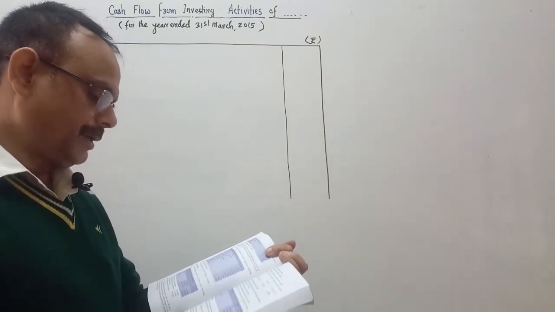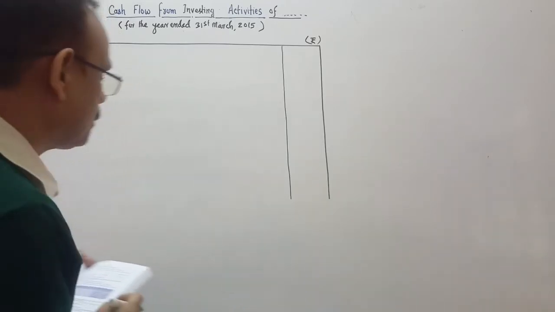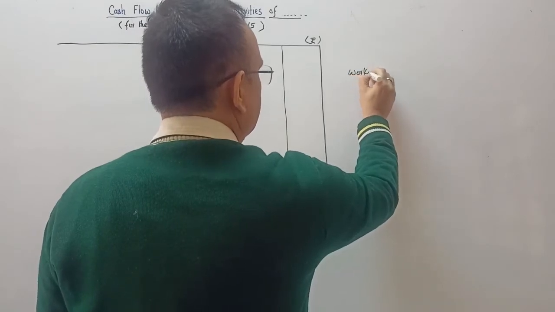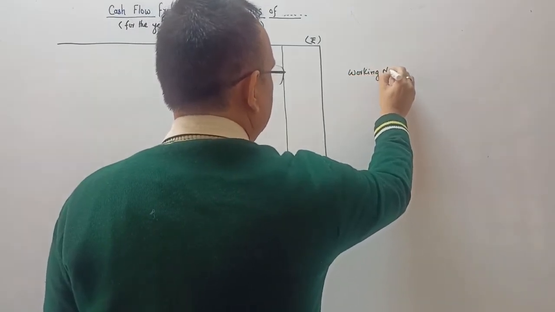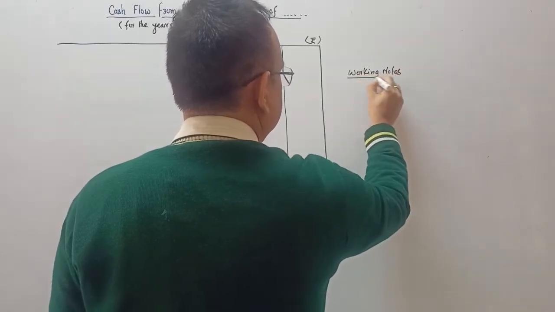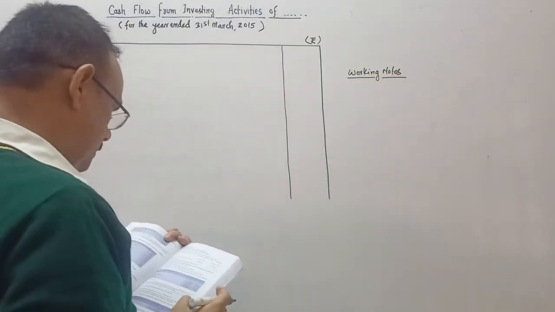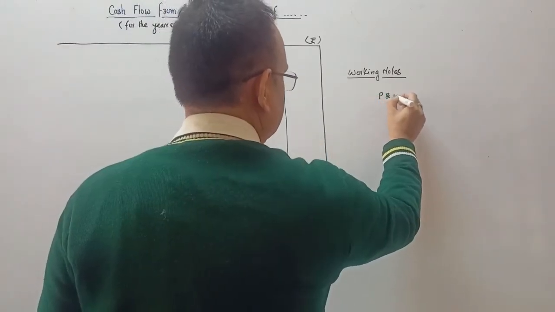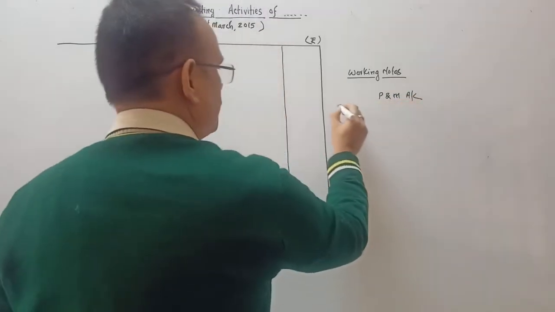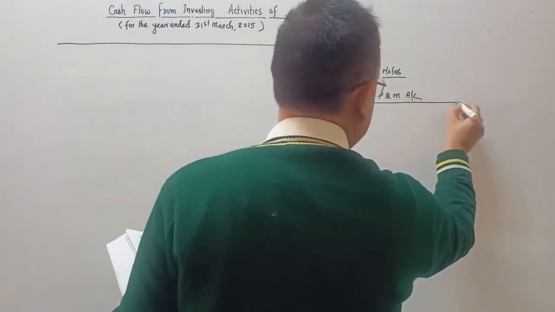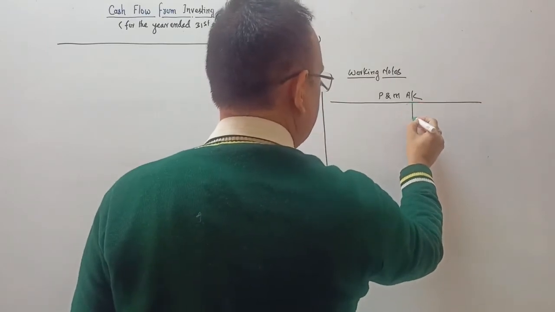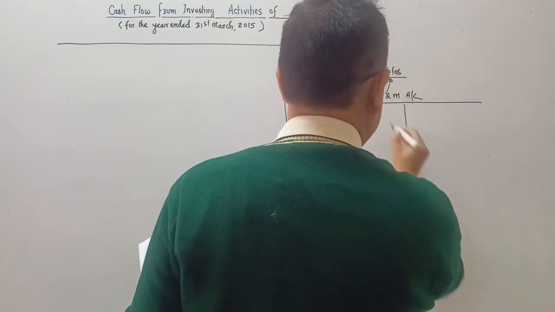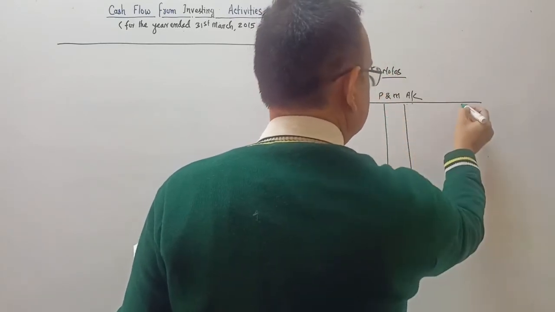As per this information, first of all, in the working note I am going to prepare the ledger of plant and machinery account.